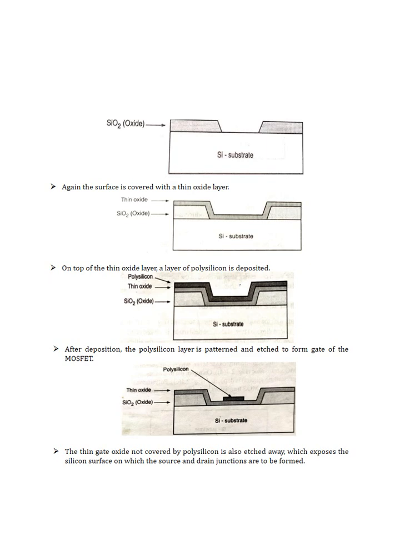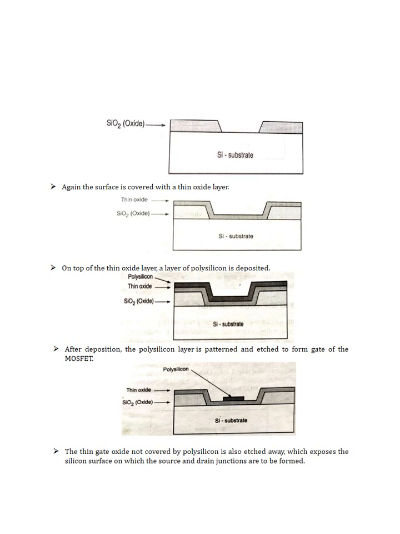A very thin oxide layer is grown over the silicon substrate first. Then a polysilicon layer is deposited, and this polysilicon layer is patterned again using photolithography or any other lithography process, and then it is etched.